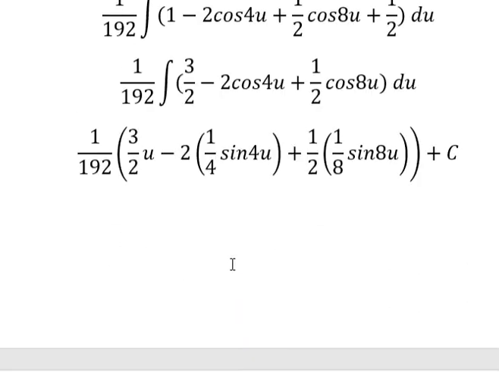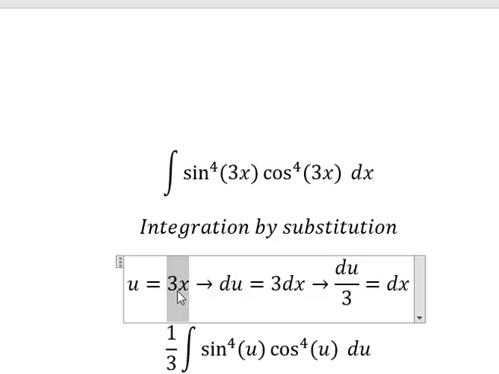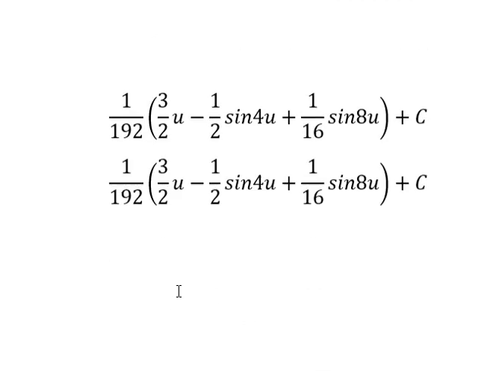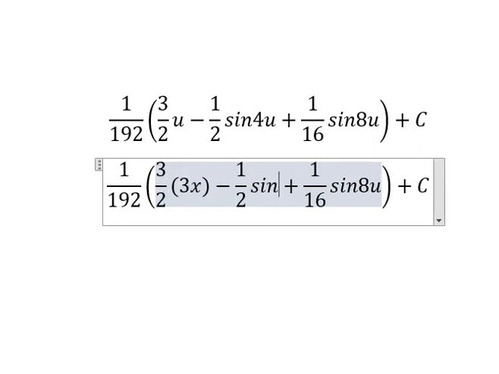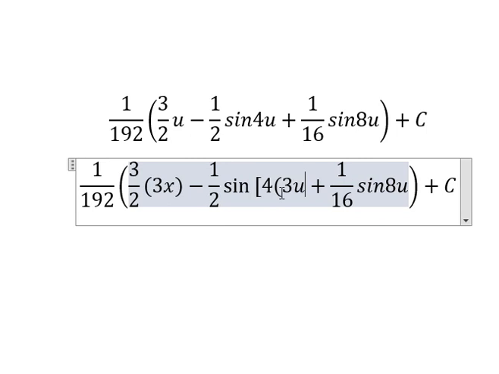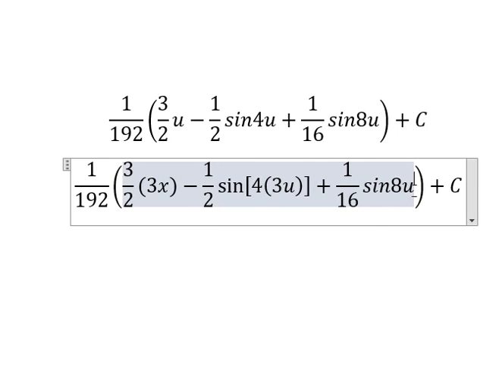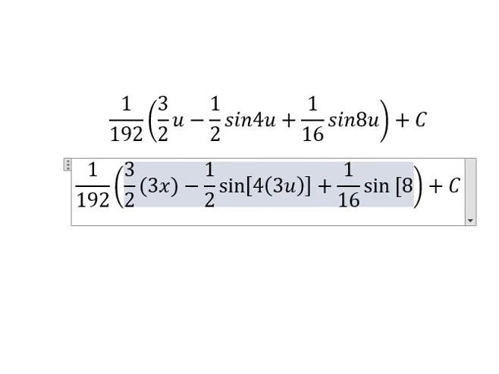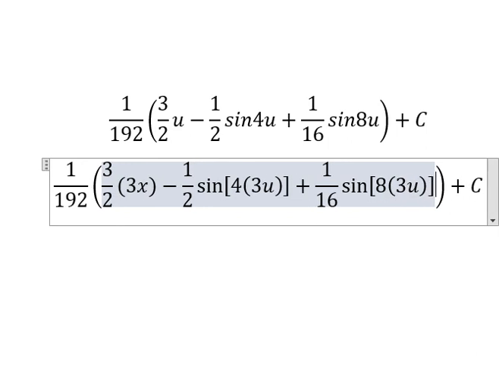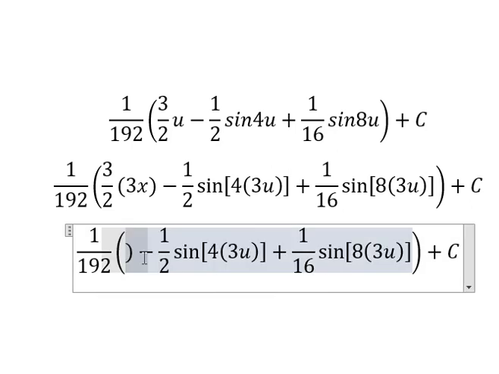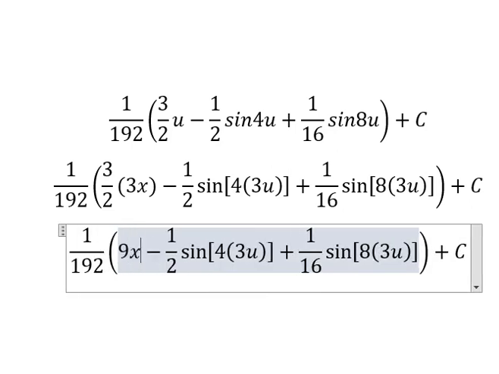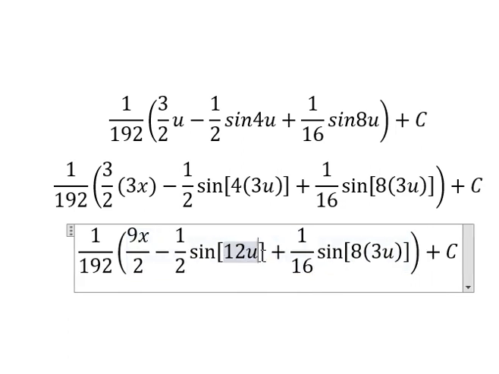About u, that is about this one. So this one we have 9s over 2. 4 with 3 we have 12s. 8 with 3 we have 24s.